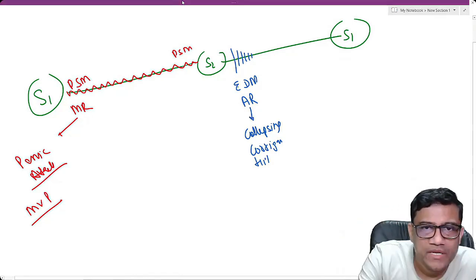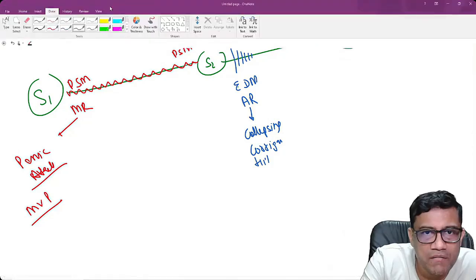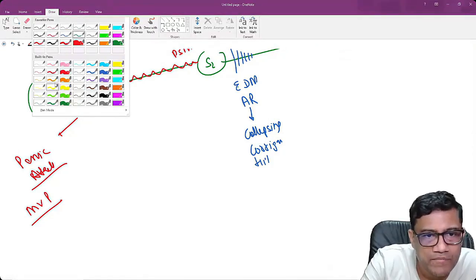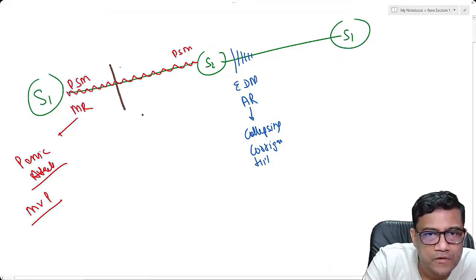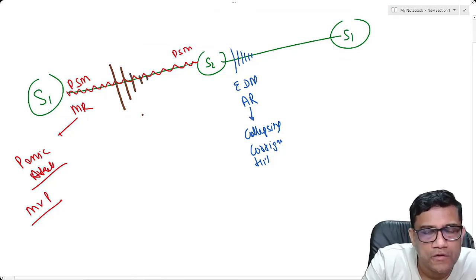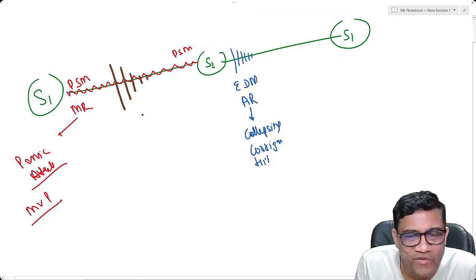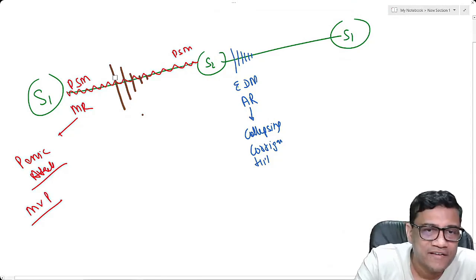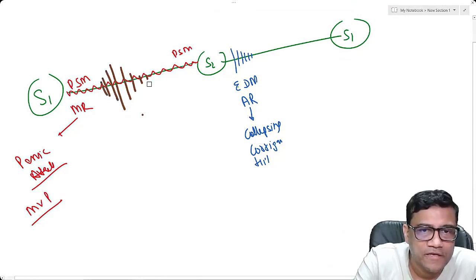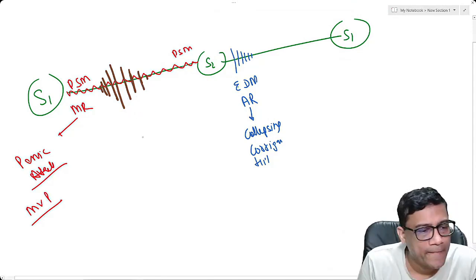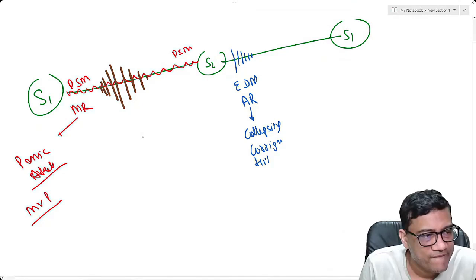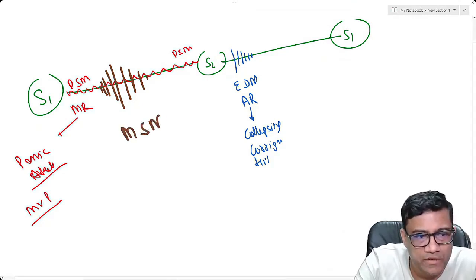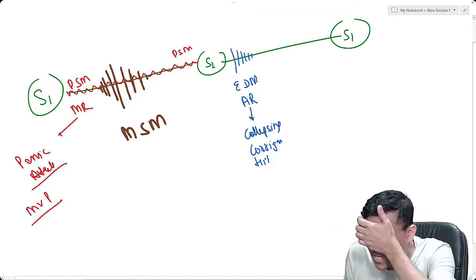Very good. Then if this is the murmur, have a look. It looks like a WiFi signal. Which murmur is this? MSM, mid systolic. So what do you think is the diagnosis?